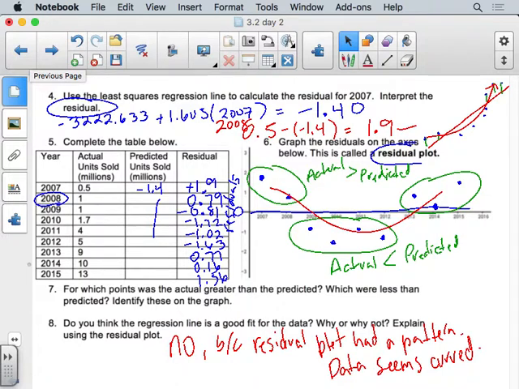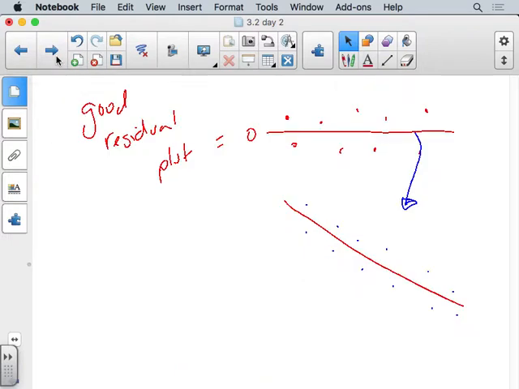Because if it's fitting a straight line nicely, your line of best fit will cut evenly through the whole time. So it will have an even mix of positive and negative residuals. So our residual plot would look something like this, with no real pattern to it.